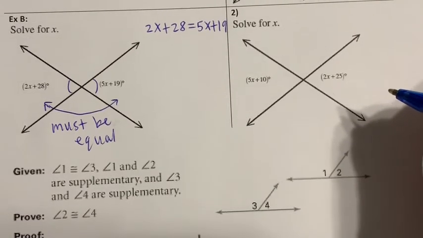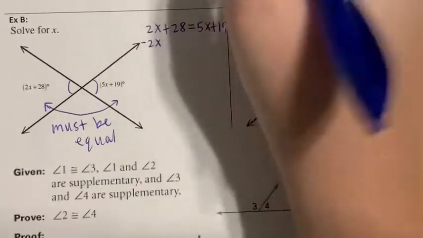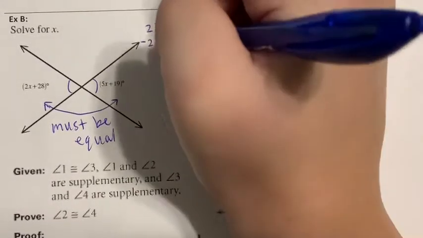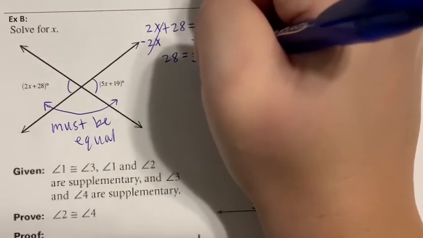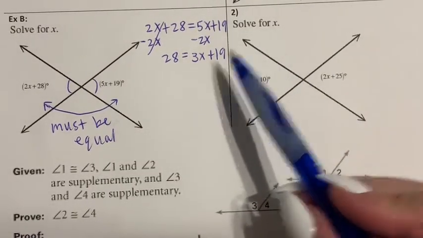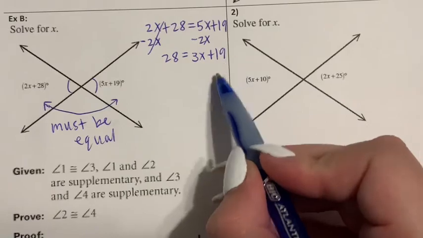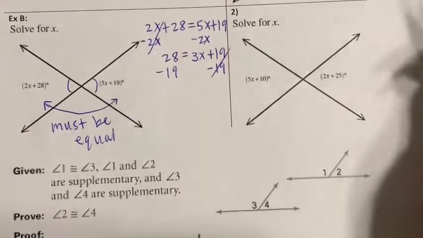So we need to move x's to the same side. I would probably do minus 2x on both sides. So I would have 28 equals 3x plus 19. So I moved my x's to the right. I need to now move my constants to the same side, so I can subtract 19 on both sides.